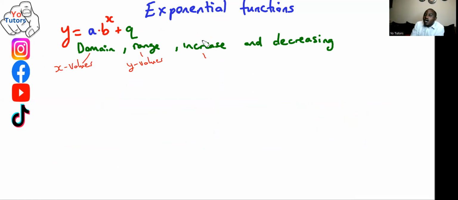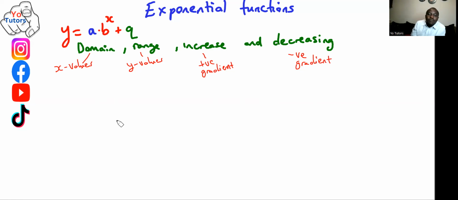For the increase, we know that it is a positive gradient, and here it is a negative gradient. Let's master that: an increase is a positive gradient, a decrease is a negative gradient.